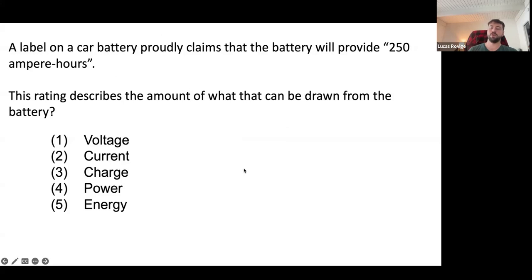And that's the same for your phone batteries, or if you're trying to buy portable batteries, sometimes they give a number that is in milliamp hours. And so what is described by this quantity, by this unit of 250 ampere hours?